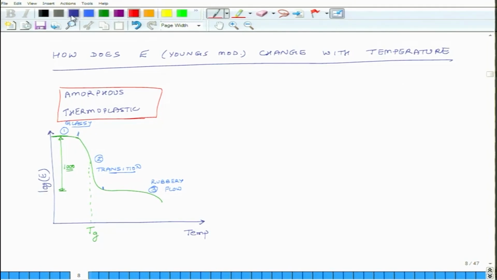Now, let us look at semi-crystalline thermoplastic. Now, in semi-crystalline thermoplastic, it is a little different.